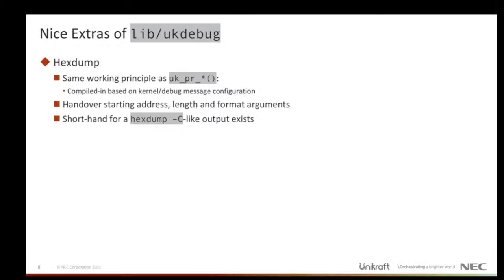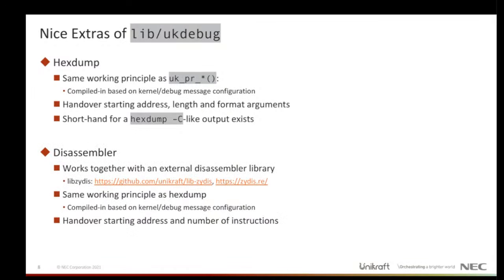So the people among you that use Linux or BSD a lot and use hexdump -C a lot, I think they know what I mean. A second nice feature we have here is a disassembler, or access to a disassembler when we include an external library. The one that we currently support is libZydis. I gave you here some links where you can look it up.